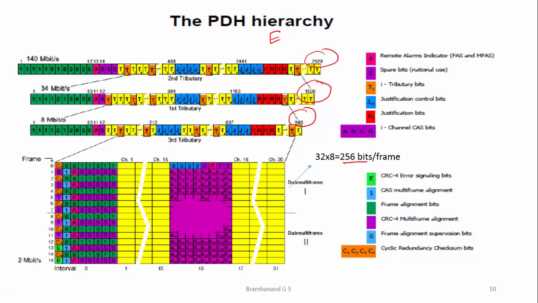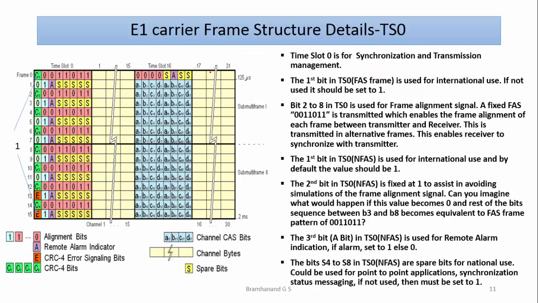So we notice that within 125 microseconds the frame size increases, but the frame duration remains the same. So let's discuss the frame structure and all the provisions available within it for synchronization, transmission management and signaling.